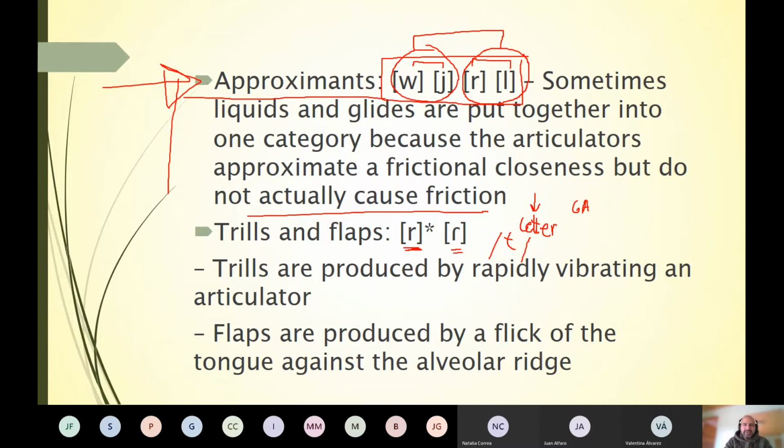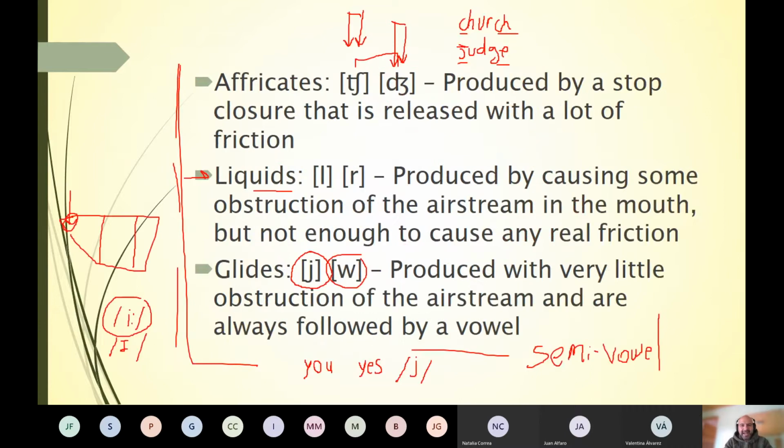Now going back to glides, they sound like vowel sounds. Some people call them semi-vowels, right? And they're very tricky because, for example, the first one, you can find it in words like you or yes. And they sound like you are producing a vowel sound in the beginning, but it's actually this semi-vowel.